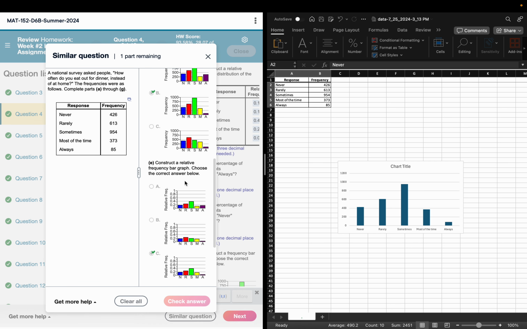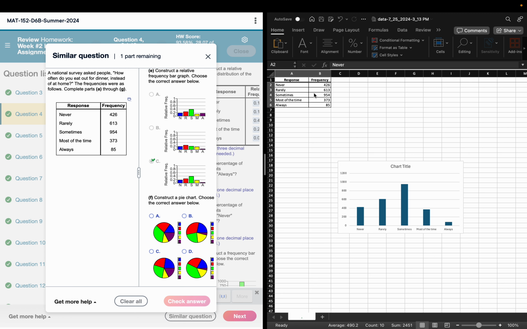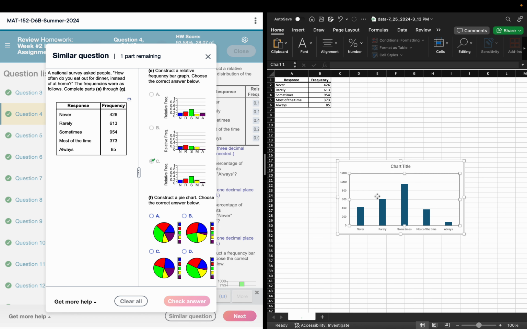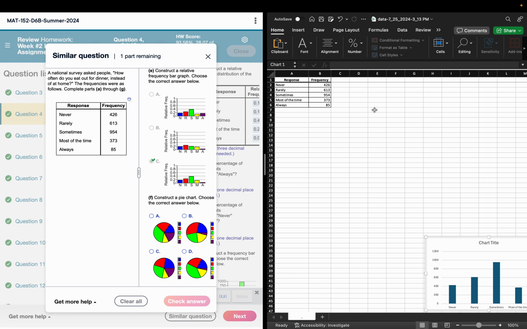Continue. Make a pie chart. I'm going to pull up my little guide here. We're all learning today. This is pretty much the same stuff. Let's get rid of that. We still have that highlighted.